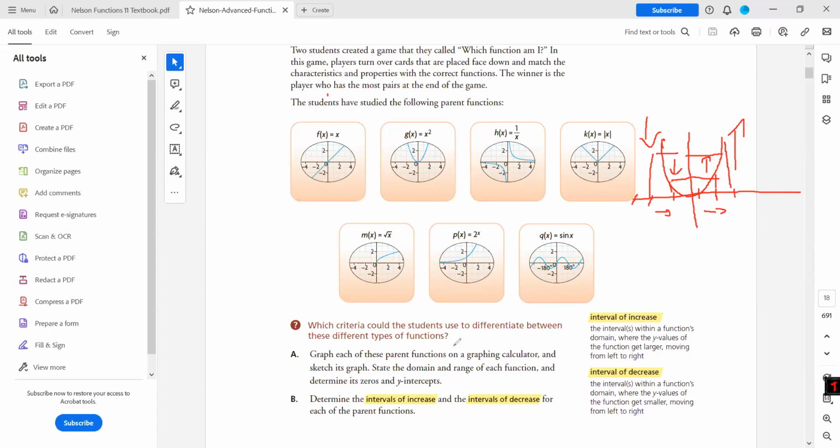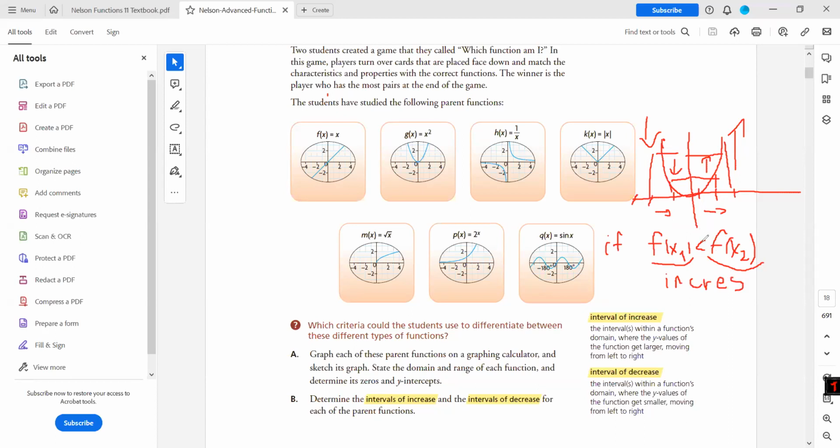In basic notation, it could be stated as: if f(x1) is less than f(x2), the function from x1 less than the function from x2, then this interval is increasing.